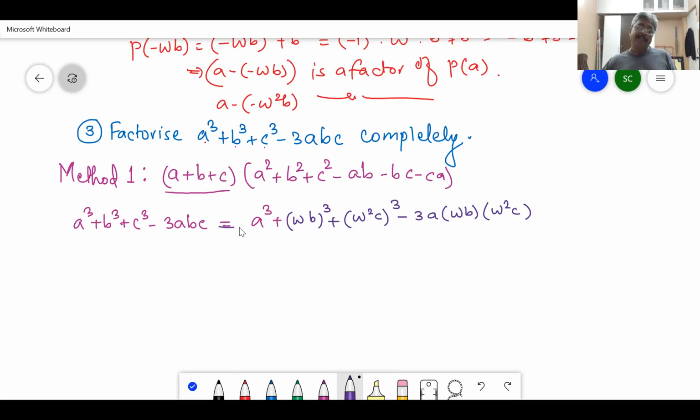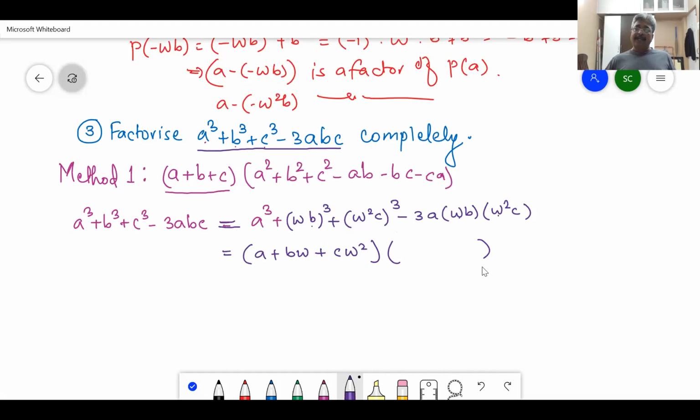I can use this equality because they are one and the same. A cube is a cube, omega cube is 1, b cube is b cube, omega raised to 6 is 1, c cube is c cube, and omega into omega square is 1, therefore this is minus 3abc. Okay, so if a plus b plus c is a factor of this expression, which we know, then a plus b omega plus c omega square is a factor of this expression, and there will be another factor.